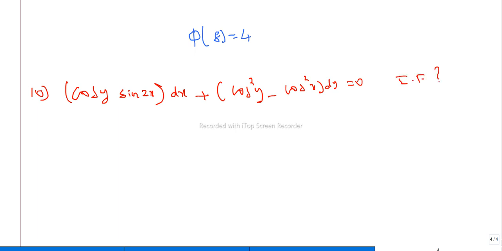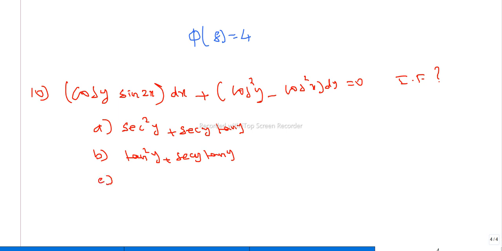So this is not an exact equation. If it is exact, then no need to find the integrating factor. If it is not exact, we have to find the integrating factor. So the integrating factor is secant square y plus secant y into tan y, or the second one is tan square y plus secant y tan y.